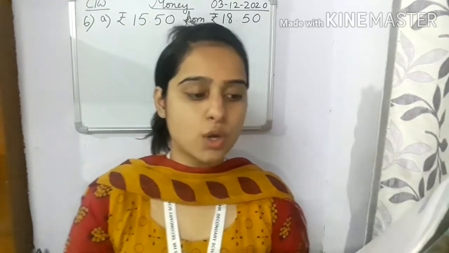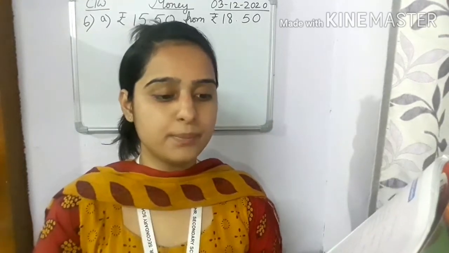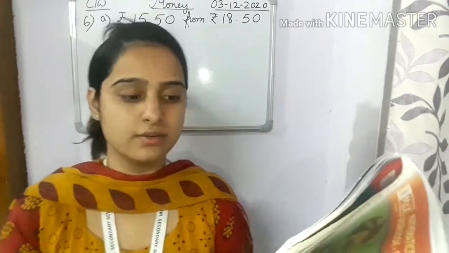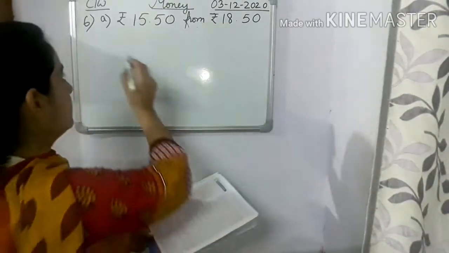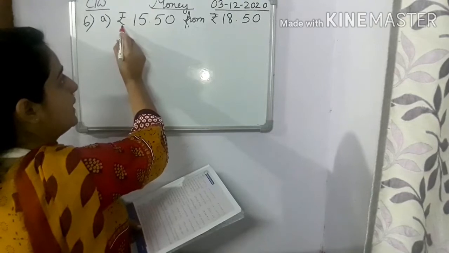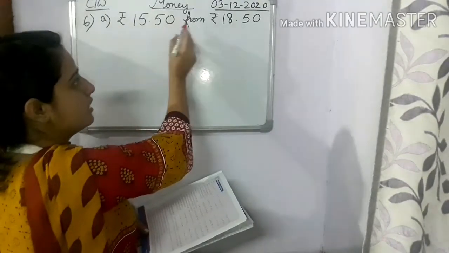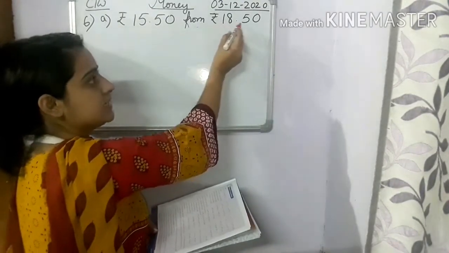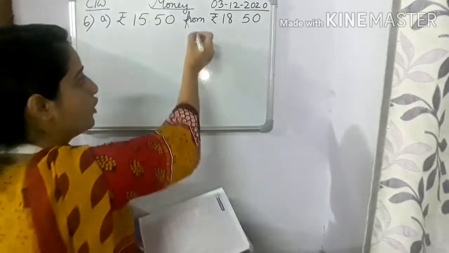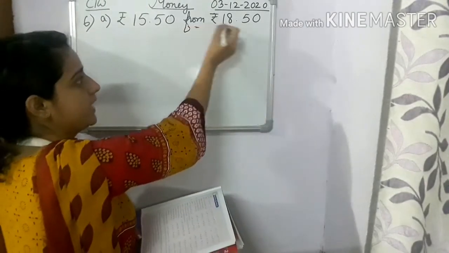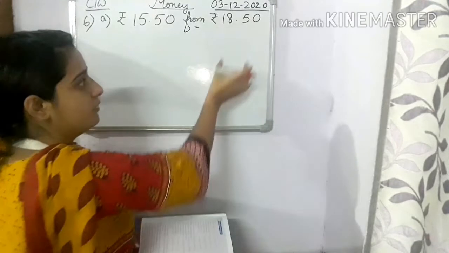I'm going to solve the first one, and B and C you are going to solve yourself. The first question is rupees 15.50 from rupees 18.50. The word from is there, so we are going to arrange the next number first.